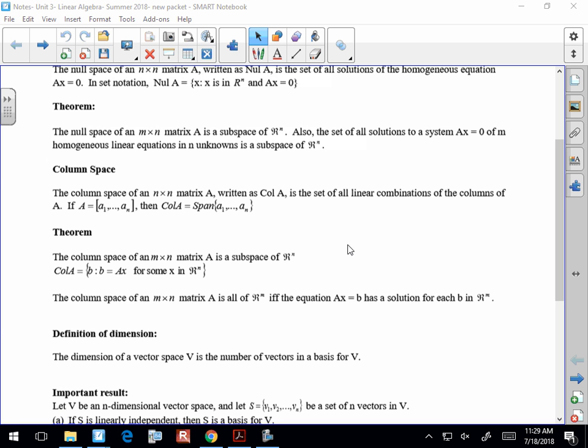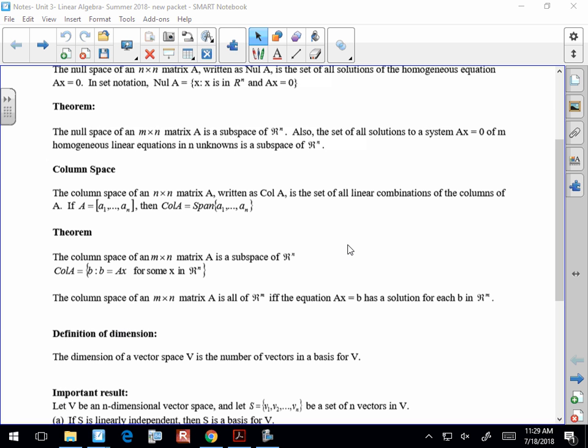That's telling us you'd have to have a solution in each row when you bring it down to reduced row echelon form. Basically, it's saying that you don't have any free variables.